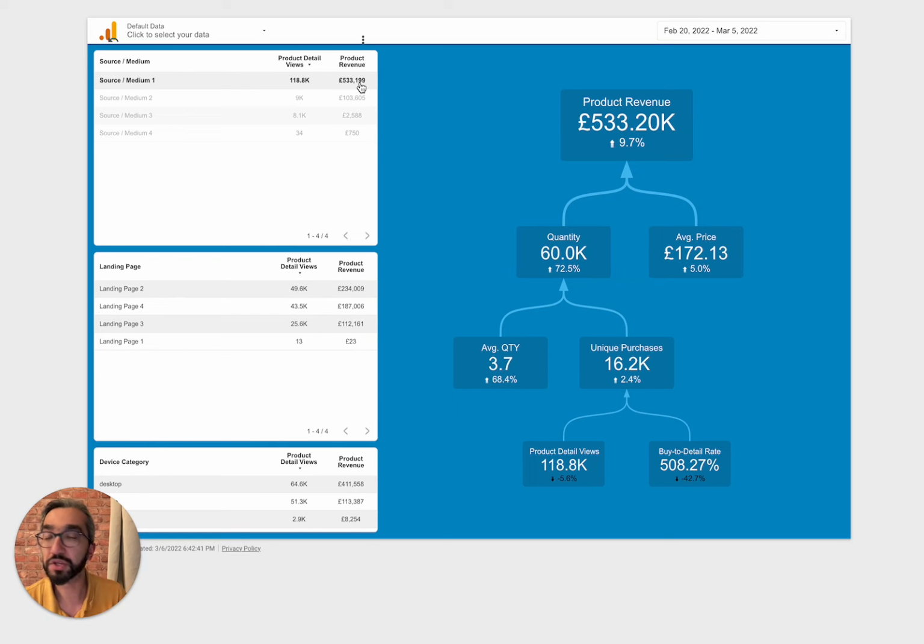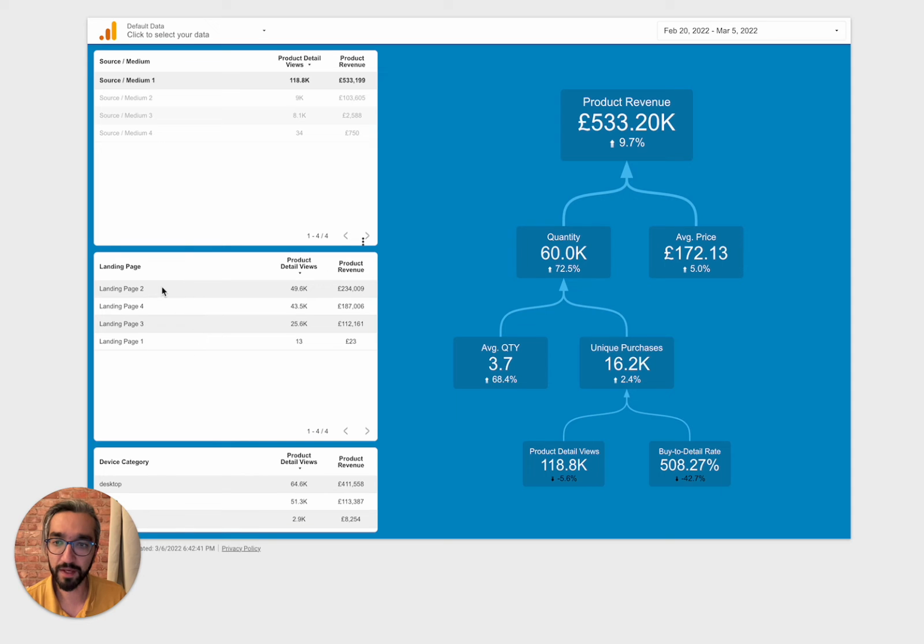You would have the actual source medium here, but I couldn't show the actual source, so as not to show you the actual client data. But you can see that there's only a 10% increase. But look here, the buy to detail rate has decreased significantly, and the average price is the same for source medium 1. But look here, the quantity has increased, because the average quantity has increased significantly.